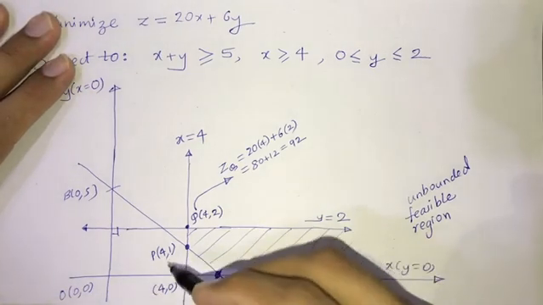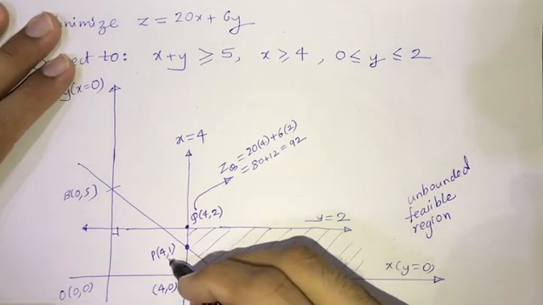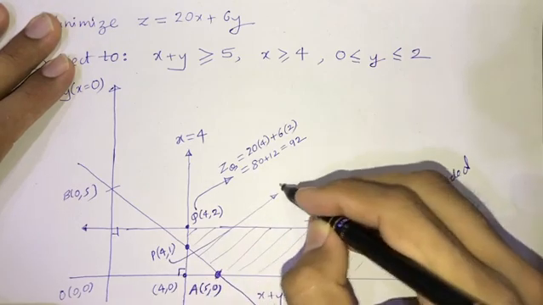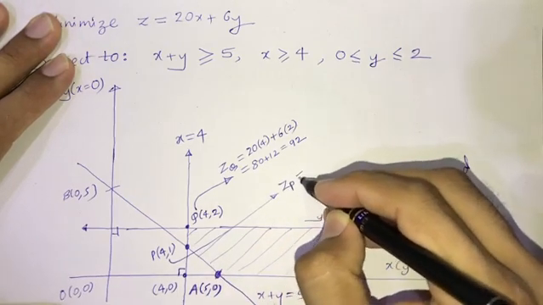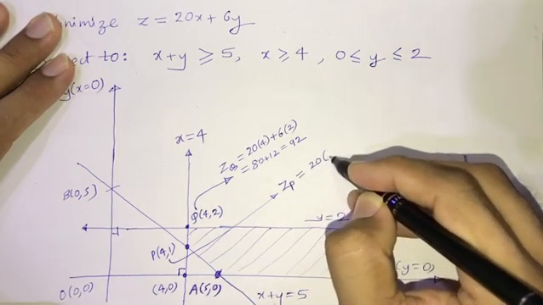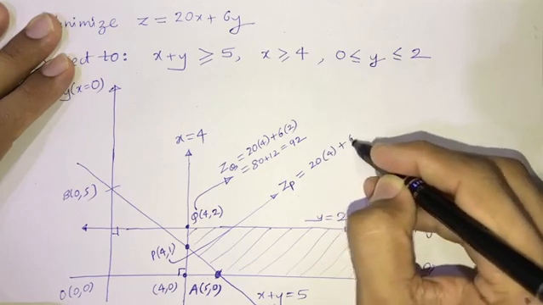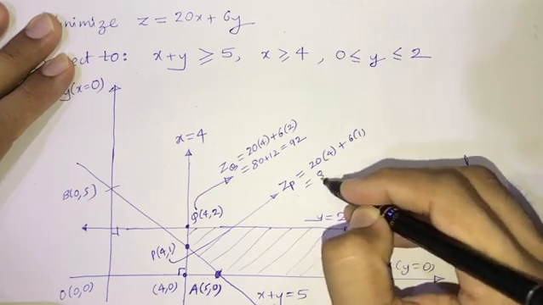Okay. If I am taking point P, ZP, I'm going to get 20 into 4 plus 6 into 1, 86 rupees.